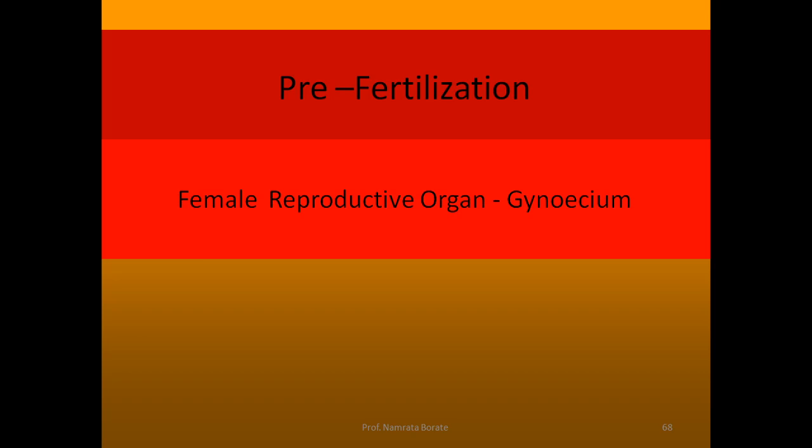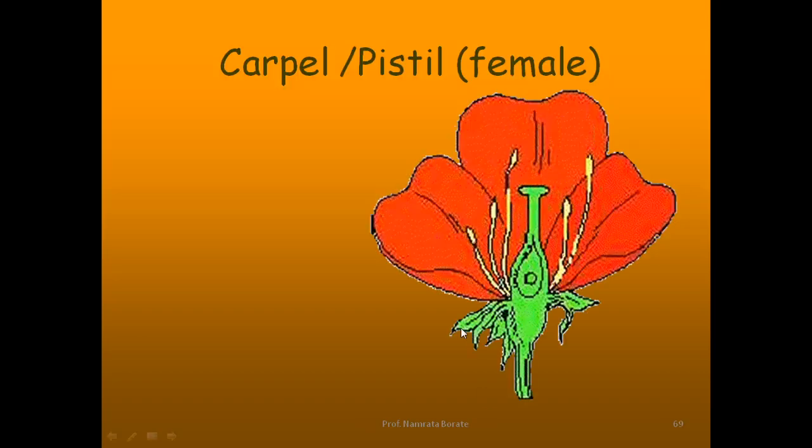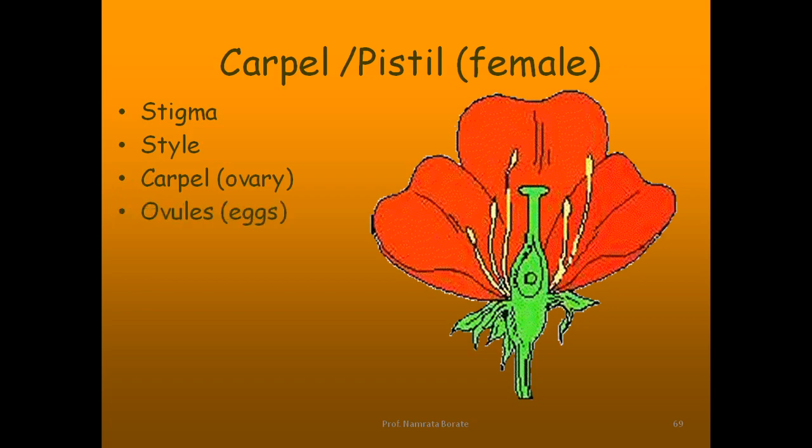We have already discussed gynoecium. Gynoecium is the female reproductive part of the flower. This gynoecium is made up of carpel. Carpel consists of three parts: stigma, style, and ovary, and in the ovary there is a presence of ovules.